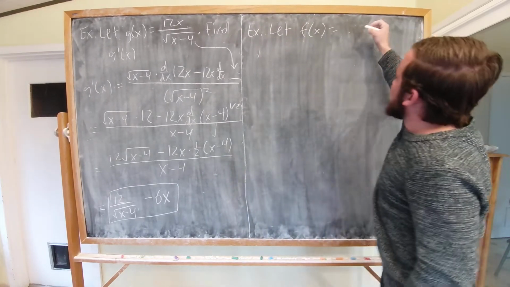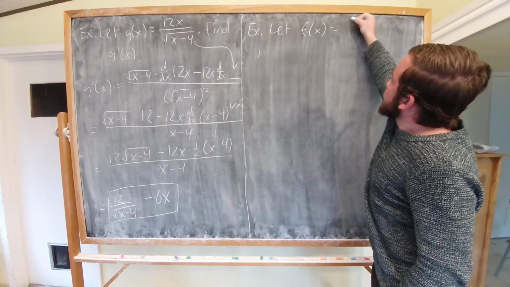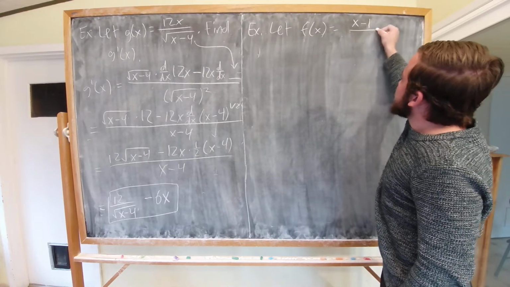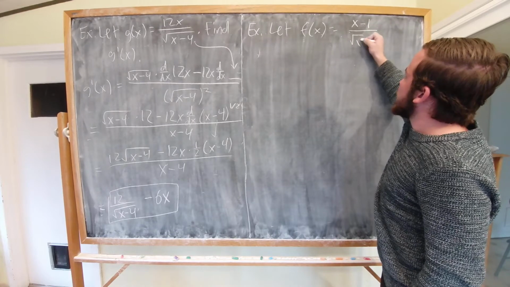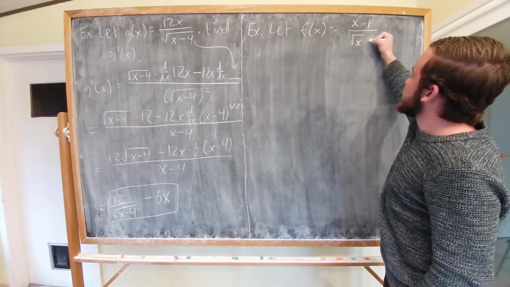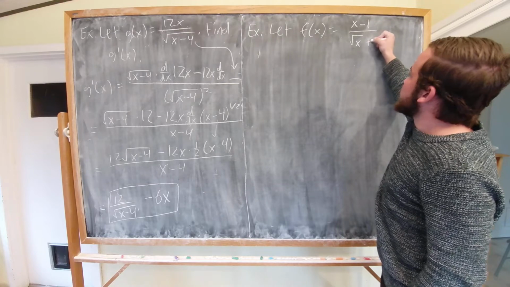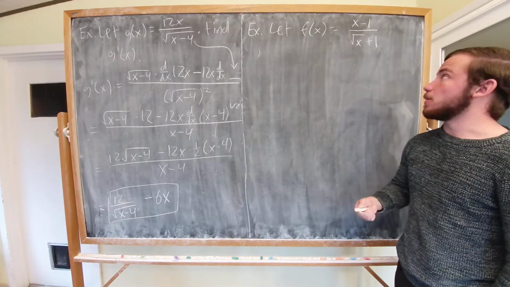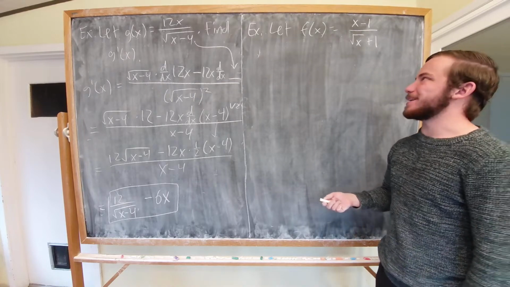Let f of x equal x minus 1 divided by the square root of x plus 1. Okay, so this will be a bit better.